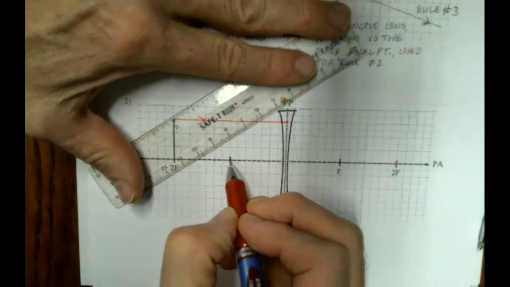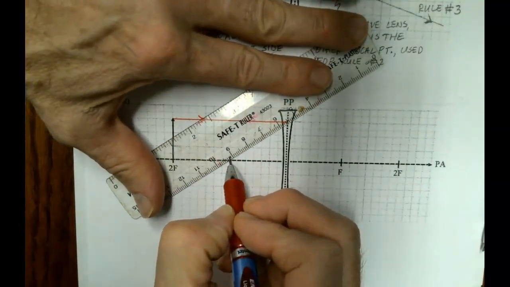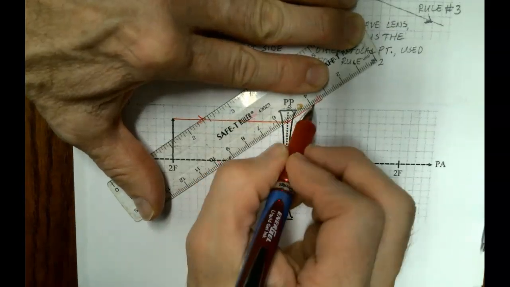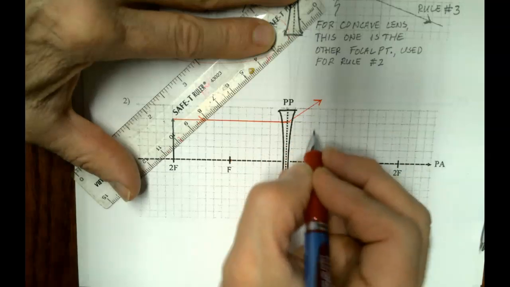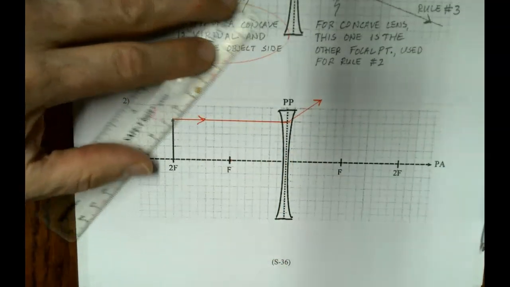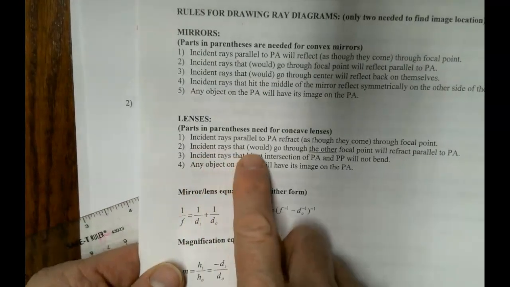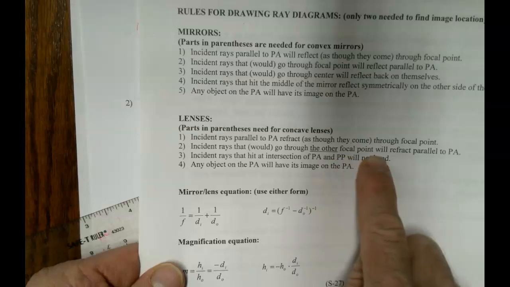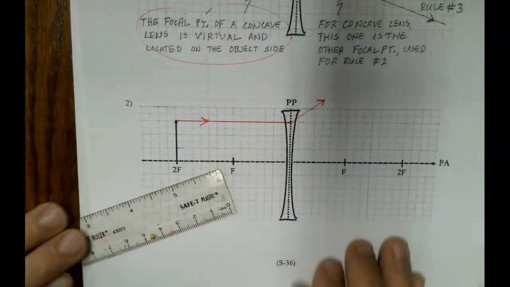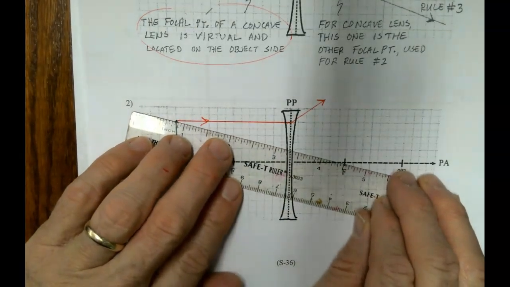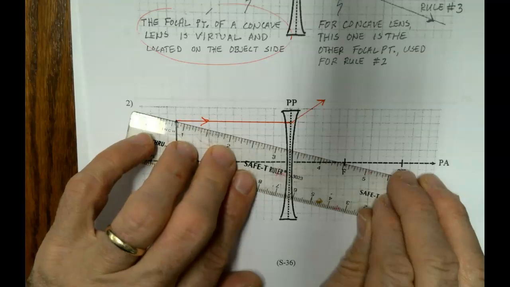So you have to put your ruler down, but don't draw the light actually back here. You're drawing the real light up here where the real stuff is, going through the lens. And then you'll see in a moment we're going to have to extend that. But rule number 2, incident rays that would go through the other focal point will refract parallel. So again, this is a case of putting your ruler down first, but you're not going to draw all the way along.